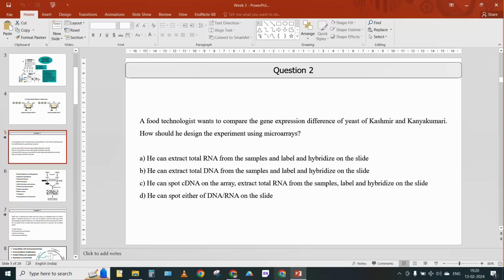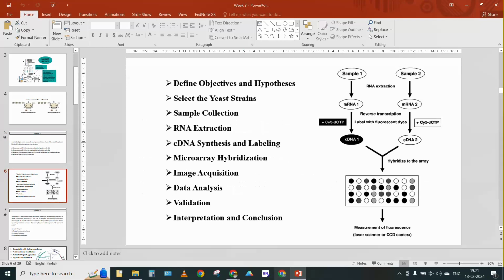Microarrays are a powerful tool that allows researchers to analyze the expression levels of thousands of genes simultaneously. Here is a step-by-step guide on how the food technologist can design the experiment. Some steps are given here, so we'll go one by one.